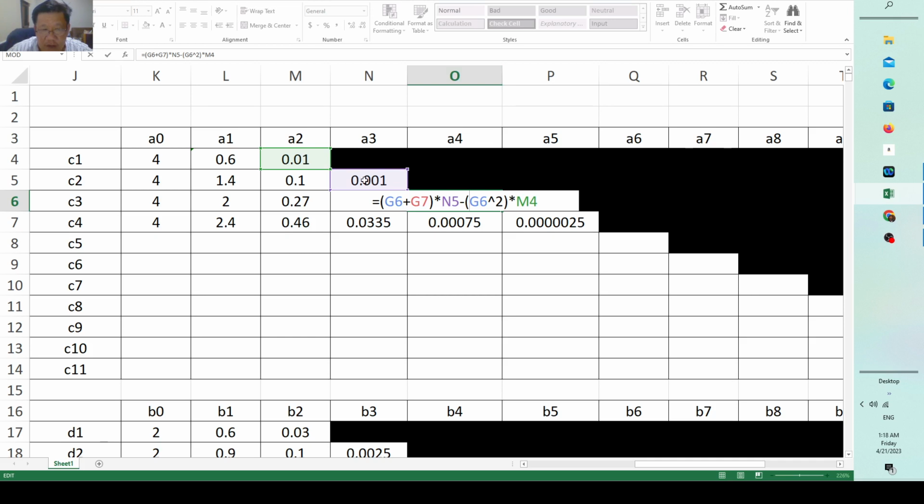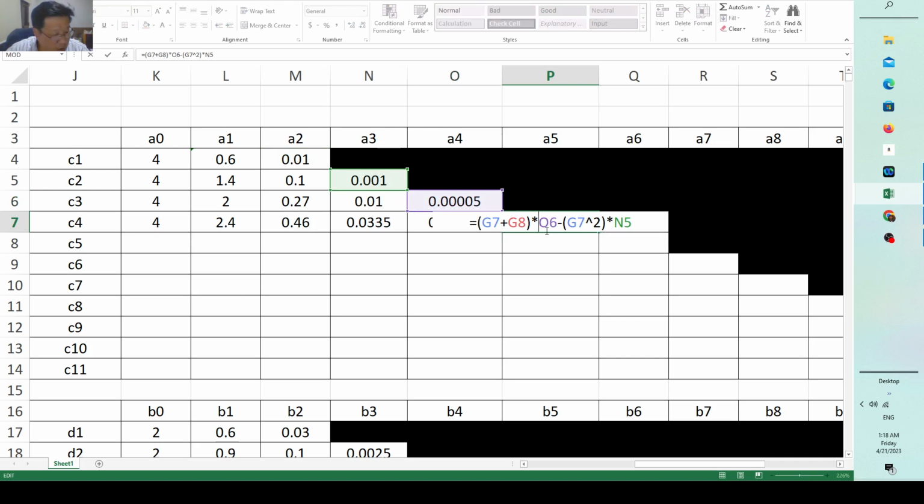You can see that these two references moved to these two references. So this is what it did. You can see these two, G7 plus G8, O6 minus G7 square times N5. This is a reference to here. Here is G6 plus G7, so this one becomes G7 plus G8.